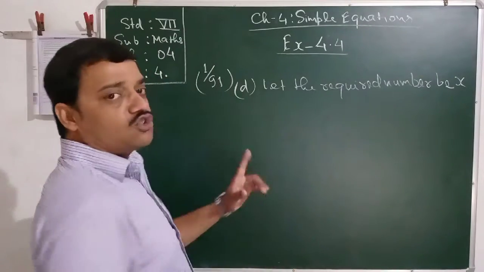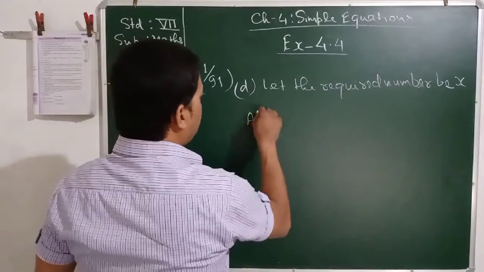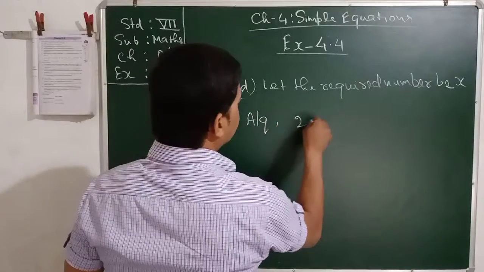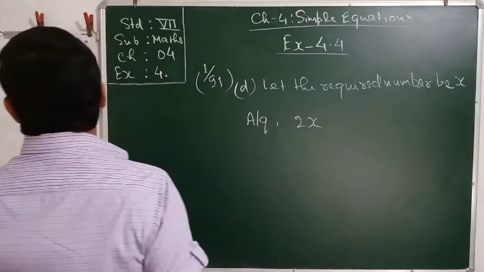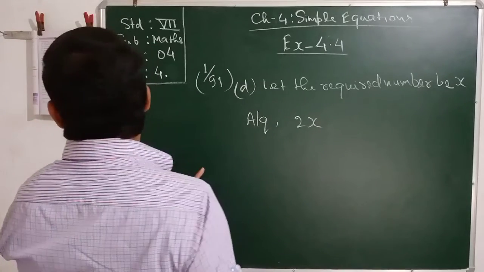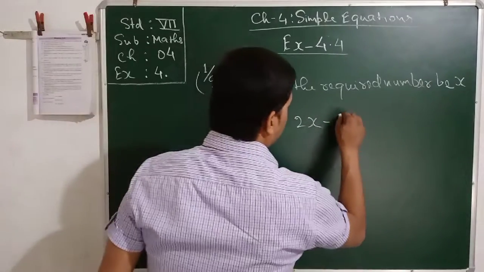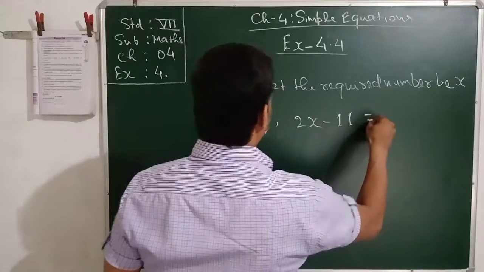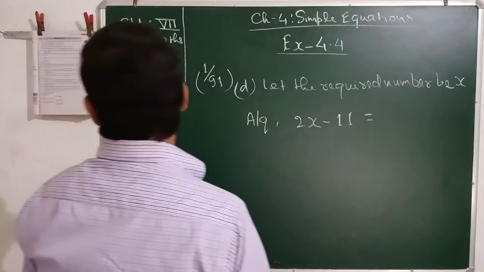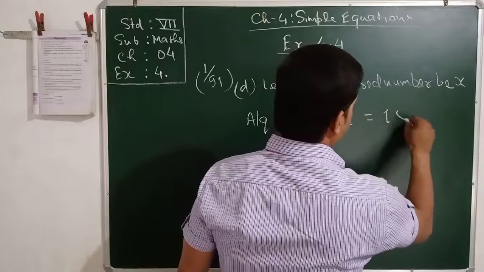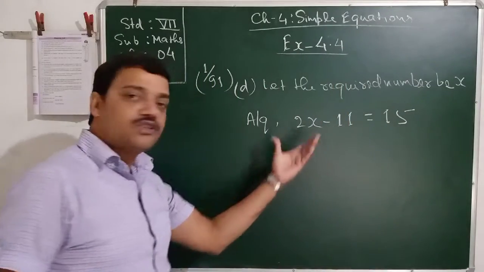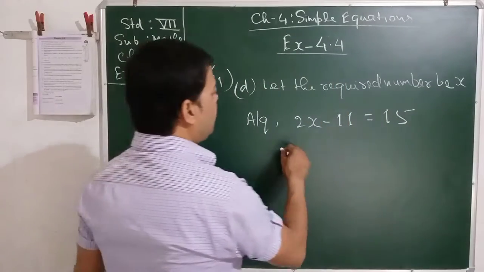Let the number be x. Twice the number, according to the question, will be 2x, and 11 is subtracted from that. 2x minus 11 equals 15, the result is 15. Now solve the equation to find the value of x.